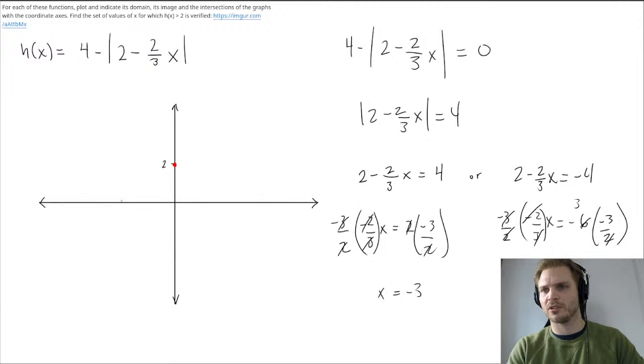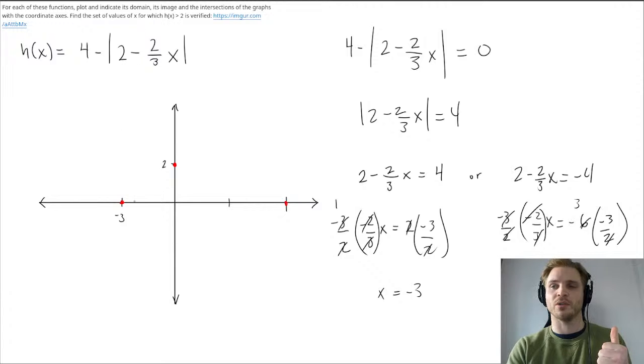So let's call this negative 3. This can be positive 3, positive 6. Okay, 9's way out here somewhere, so this is not to scale. So now you've got this point here and this point here, and you've got to know that this is a line.